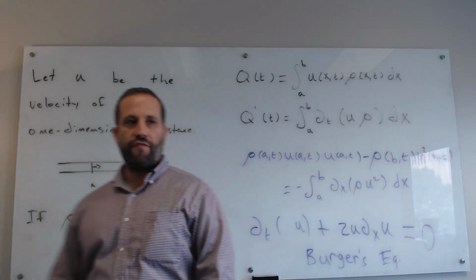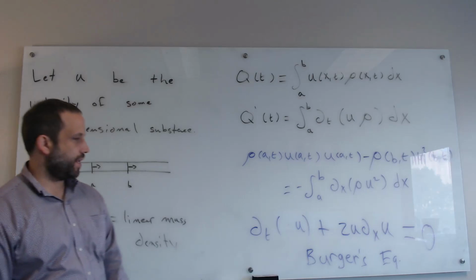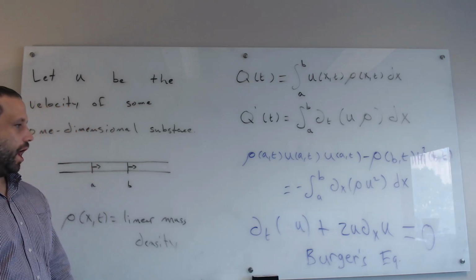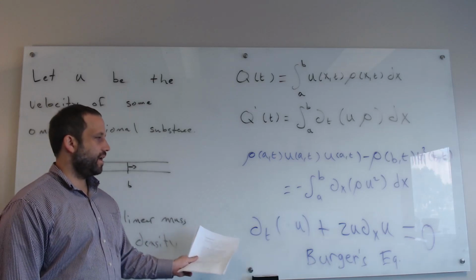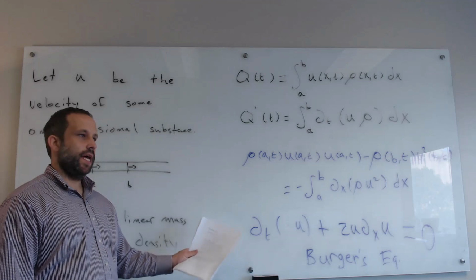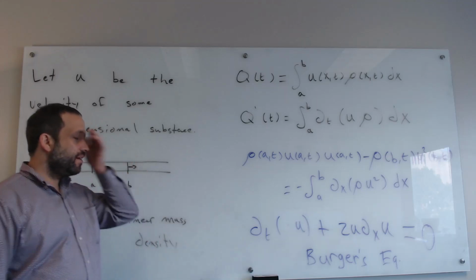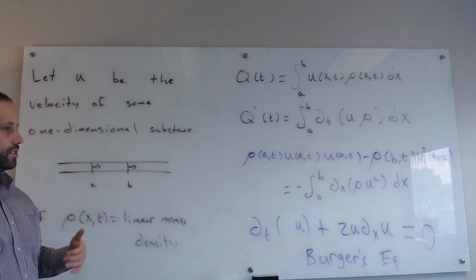I don't know enough about the history. I meant to look this up, but I didn't. I don't know enough about the history of this equation. Okay, so this is modeling the velocity of a fluid that has some strange assumptions.